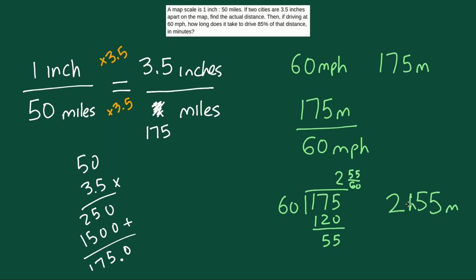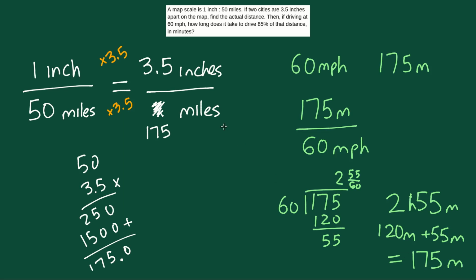Well, 1 hour is 60 minutes, so 2 hours would be 120 minutes. That's the 2 hours, plus 55 minutes, which would just be 175 minutes.